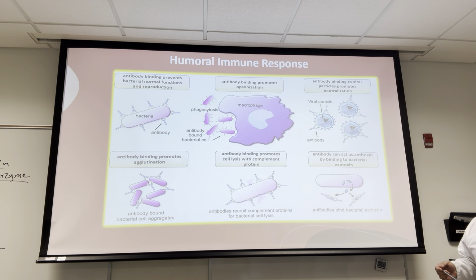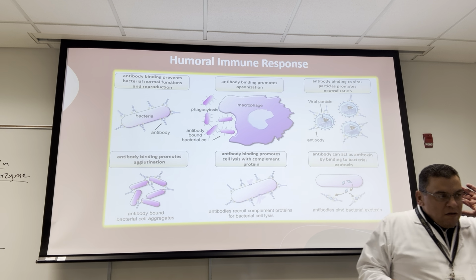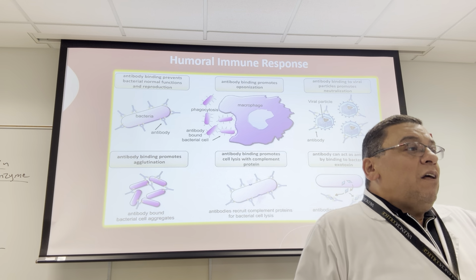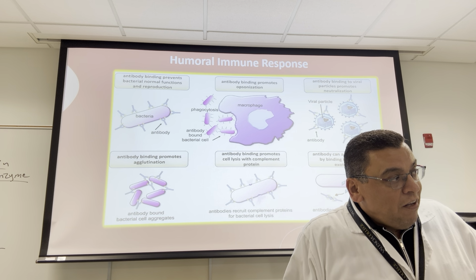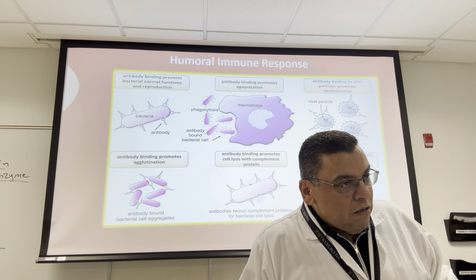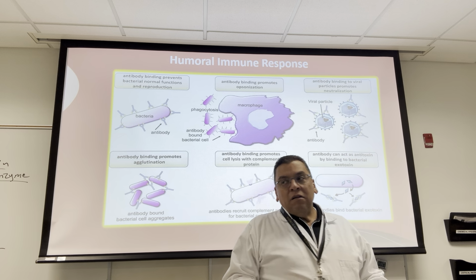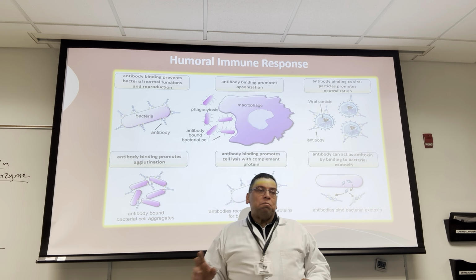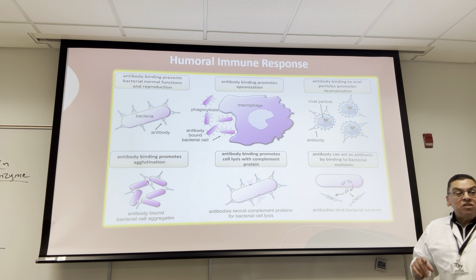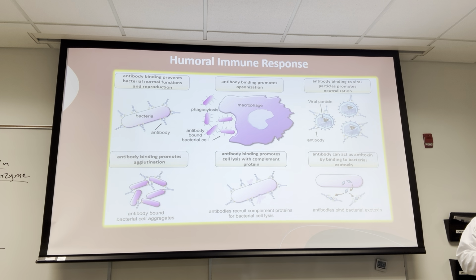Who produces the antibodies? Which one? The B cell. The B cell directly or the differentiated B cell? The plasma cell. Very good. You gotta speak up so I can hear you. So the plasma cell, it's not necessarily the B cell.